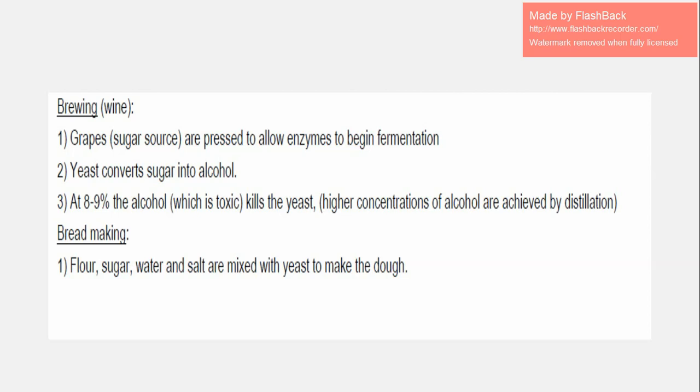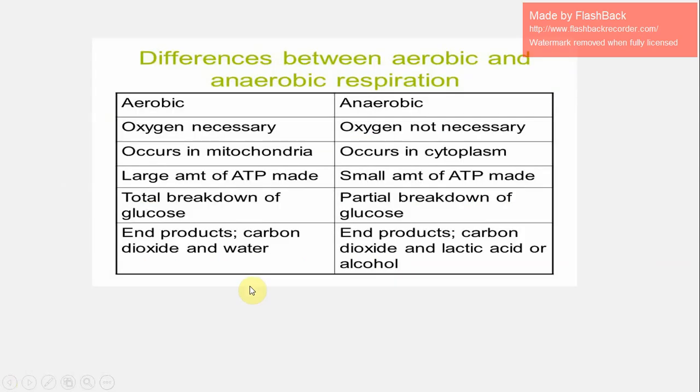Carbon dioxide makes the dough rise, since carbon dioxide is a gas and it produces lots of bubbles. These bubbles make the dough rise. But what happens now to the alcohol? Alcohol evaporates by heating. When the bread is baked, alcohol evaporates.